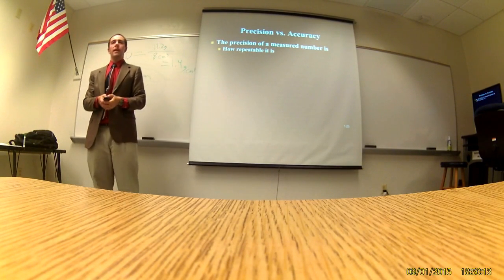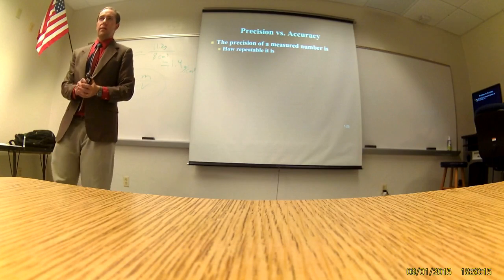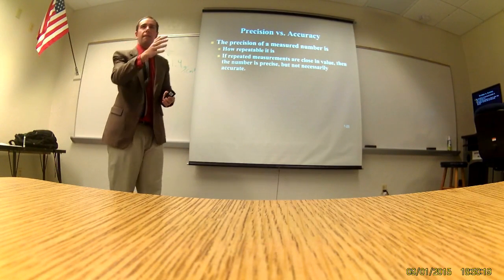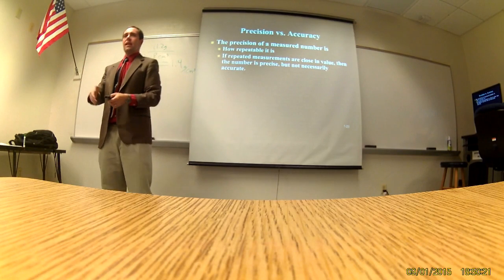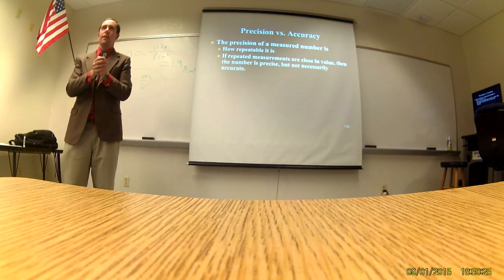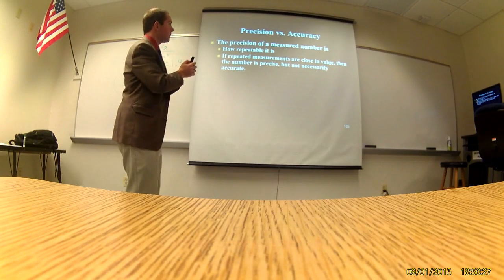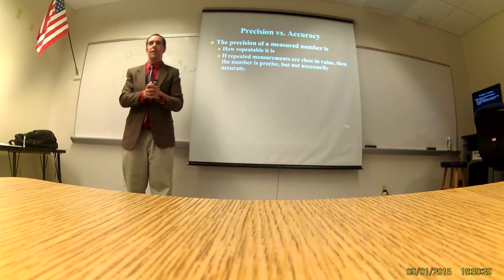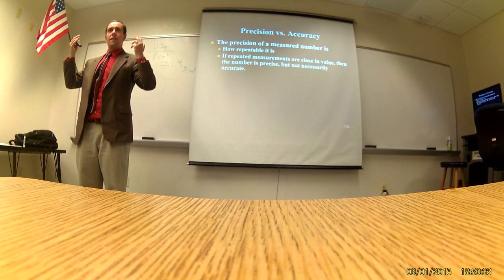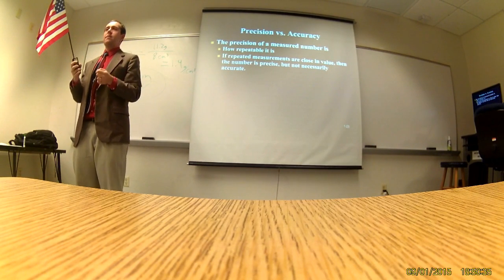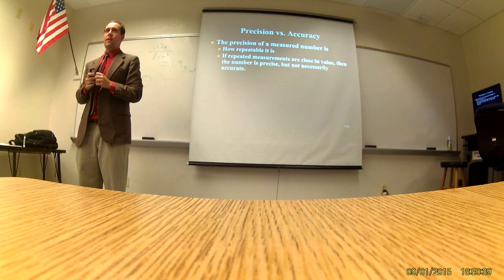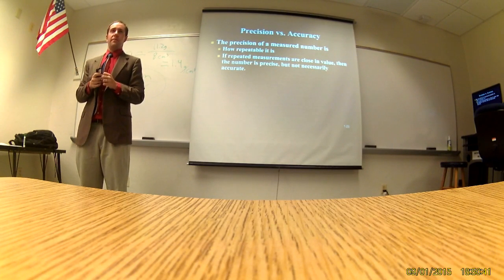Precision is how repeatable a number is. If you take a measurement 50 times, and all your numbers are very, very close together, we could say that that measurement is precise. If I measure my height 50 times, and every time I say I'm either 2 foot tall or 2.1 foot tall, that's pretty precise. Okay?